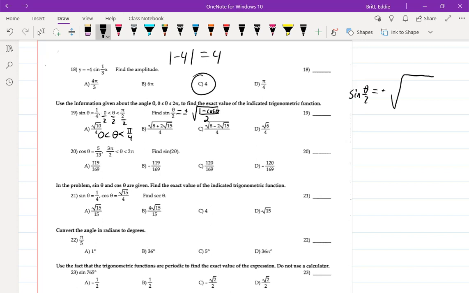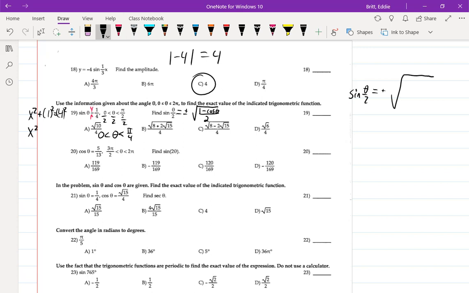We know we're in the first quadrant, so all the x's and y's are positive. I'm also given that sine of theta is 1/4, and remember that's y over r. So if I have y and r, I can figure out x. So I say x squared plus y squared, that's going to be 1 squared, equals r squared, which is 4 squared.